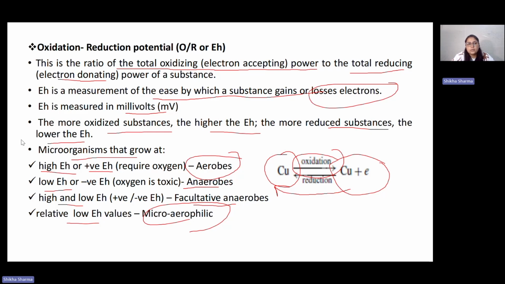So a negative Eh means that the substance has more reduction potential, and anaerobes can grow in that particular environment, whereas aerobes can grow in a positive Eh environment, which means more oxidized substances are there.